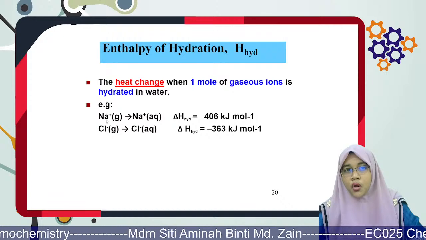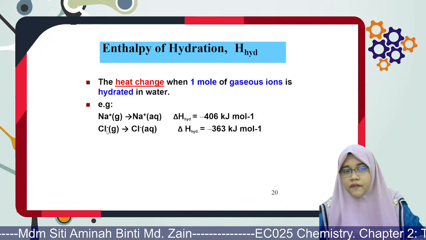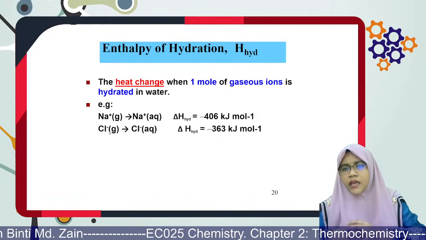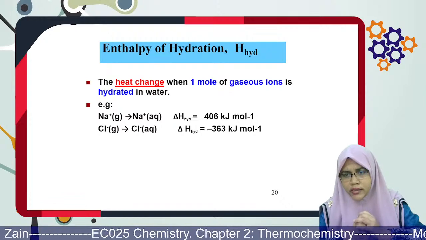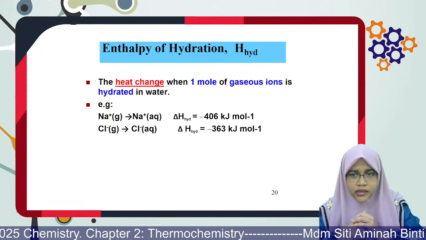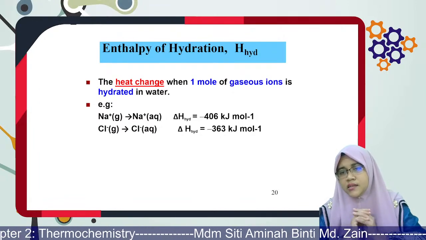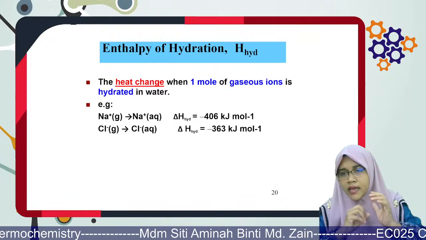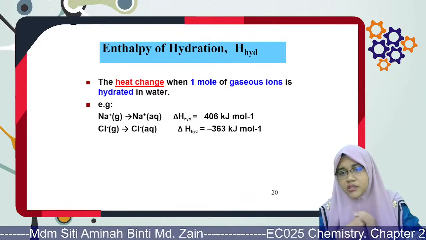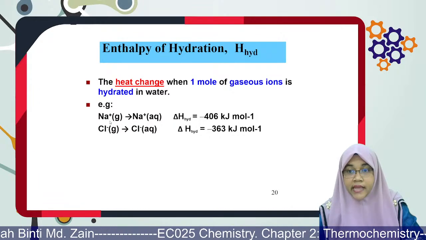Same goes with chlorine ion gas hydrated, meaning that each gaseous ion particle hydrated will form an ion but in the aqueous phase. So the difference here is only the phase, from gaseous ion to aqueous ion after being hydrated with water. And the 1 mole stands for the reactant.